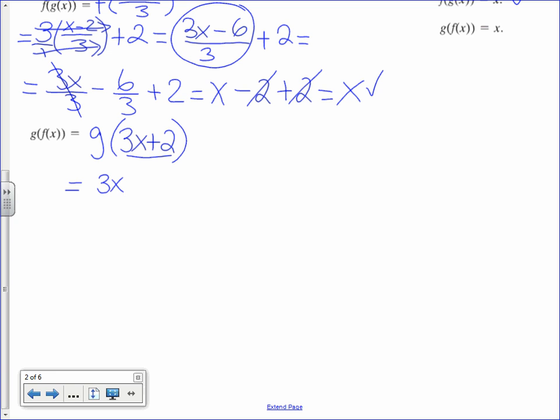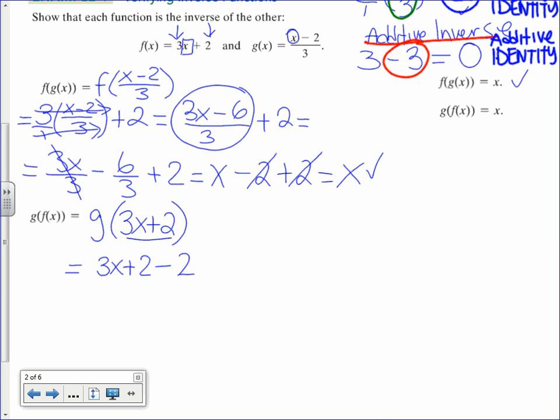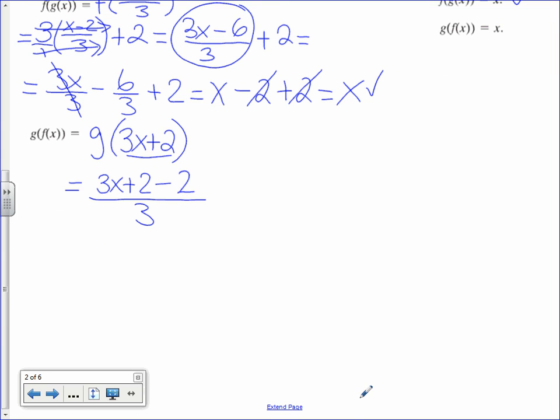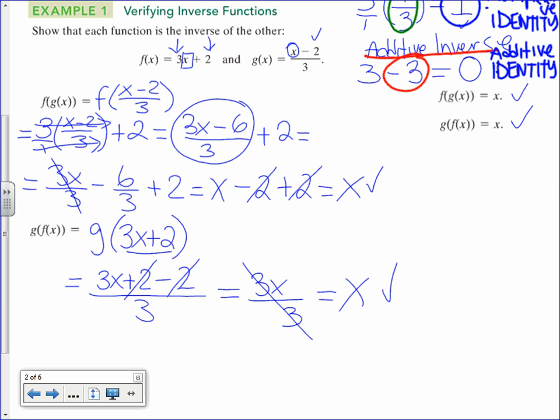So we will have 3x plus 2 minus 2 from here. And then let's not forget everything is being divided by 3. So here we could say, okay, 3x, but the 2 and the minus 2 are equal to 0. So we just have 3x divided by 3. And of course, we know that equals 1, or you may say they cancel. So that equals x. So that means that our second condition is satisfied.